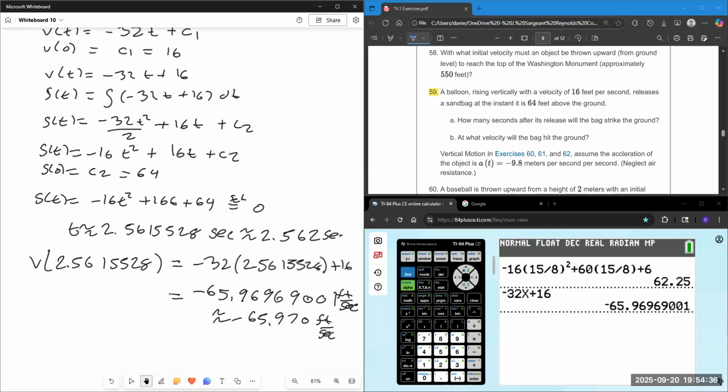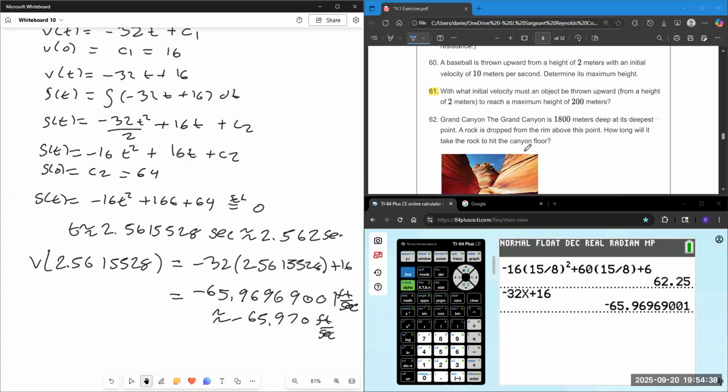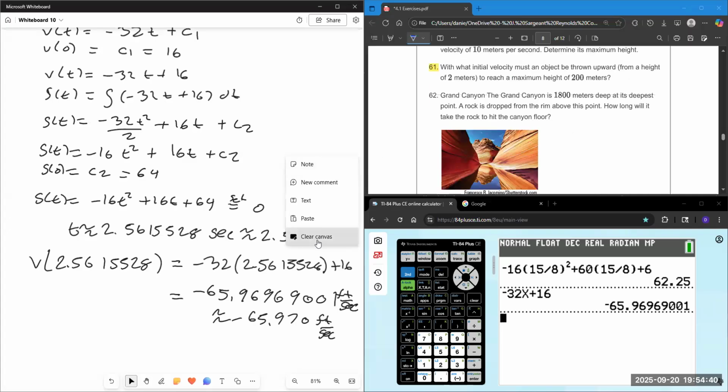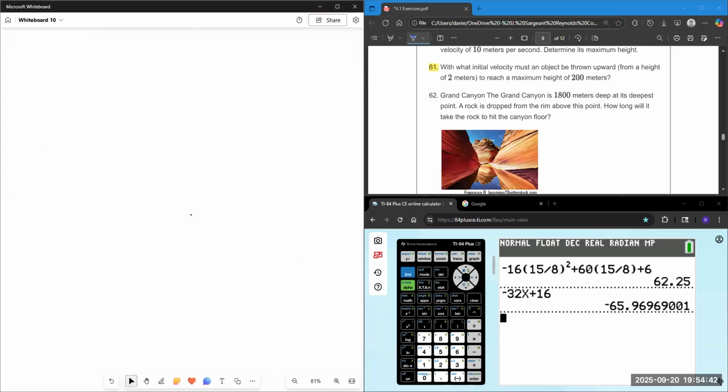All right, we've done enough of these position equations that we can just use what we know the equation to be. We can say s of t is equal to, and we are in meters, so negative 4.9t squared plus v naught t plus s naught, and they tell us s naught is 2 meters.